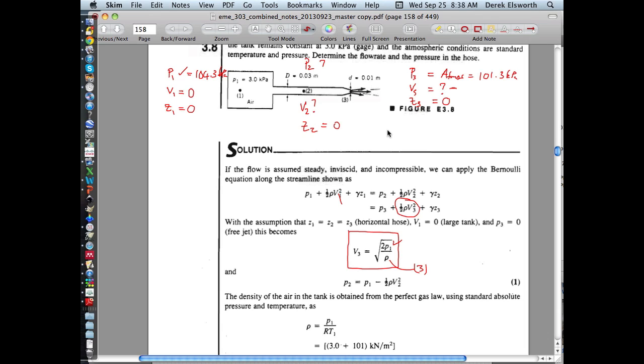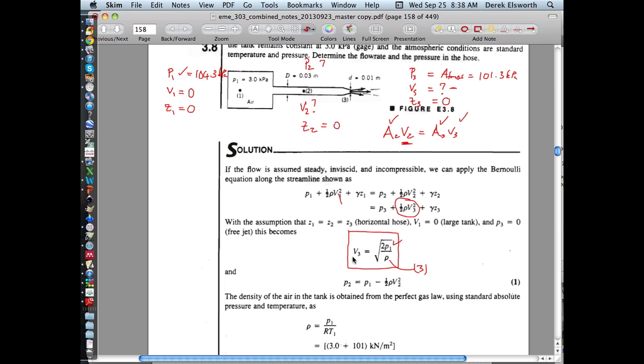Because from continuity, we know that the area at location 2 multiplied by the velocity at 2 has to equal the area at point 3 multiplied by the velocity at point 3. So if we know this, and we know both of these cross-sectional areas, which we know from the geometry, then we have a fighting chance of being able to figure out exactly what this velocity is, which is what we want.